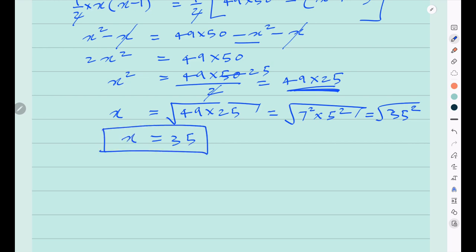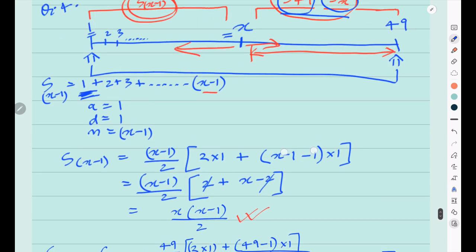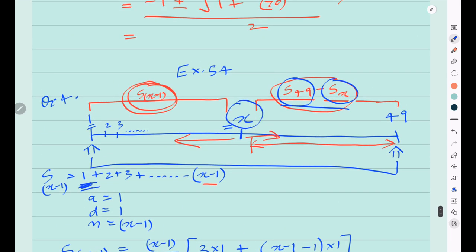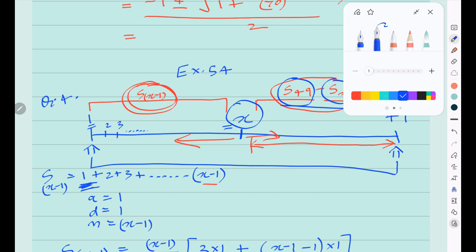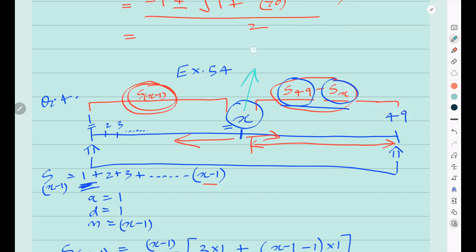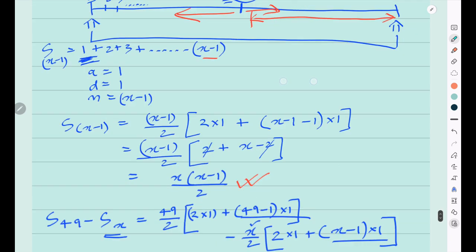So house number 35 is the house number such that if we add all numbers, 1 plus 2 plus 3 and so on to 34, and then if we start adding from house number 36 plus 37 and so on to 49, they will be equal.